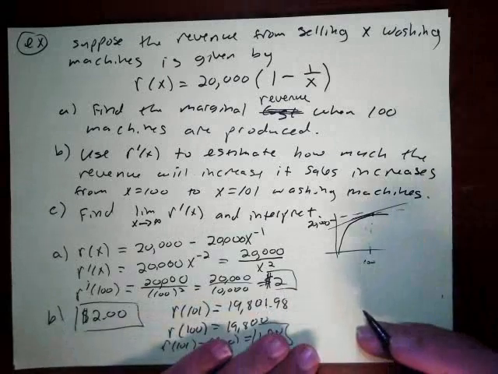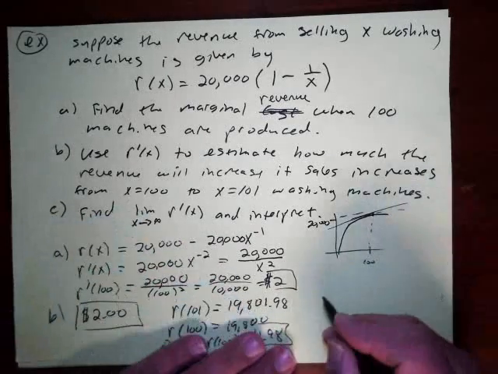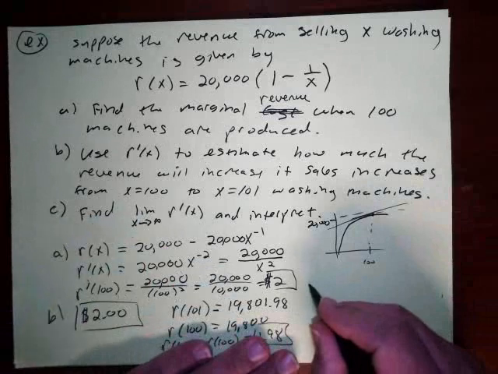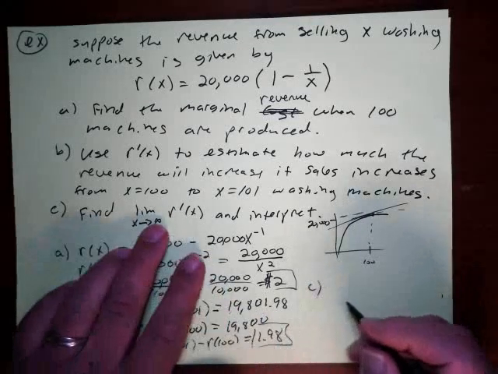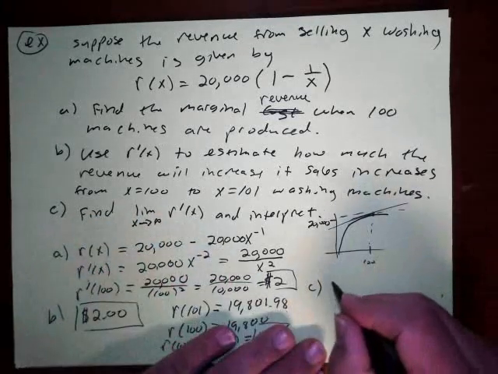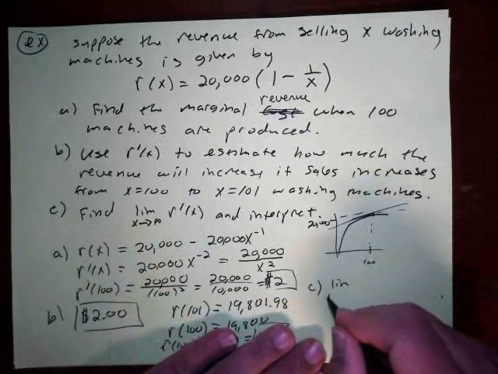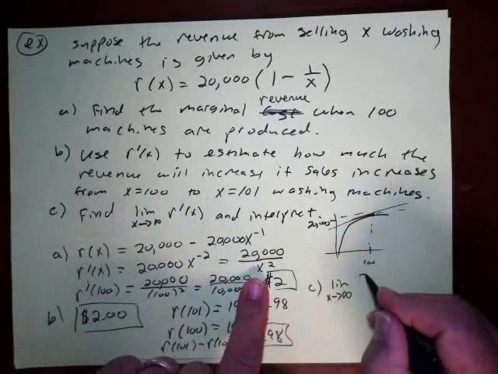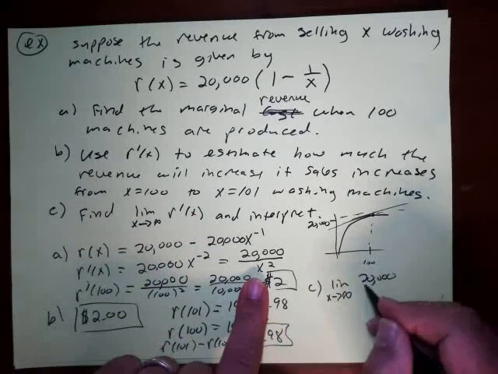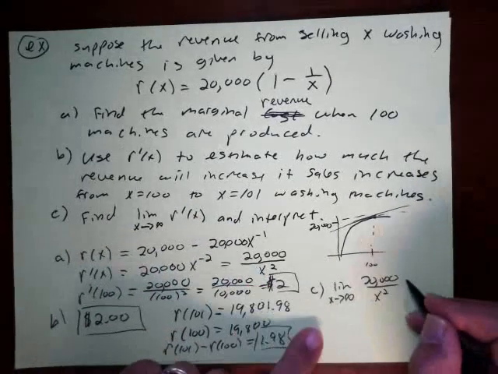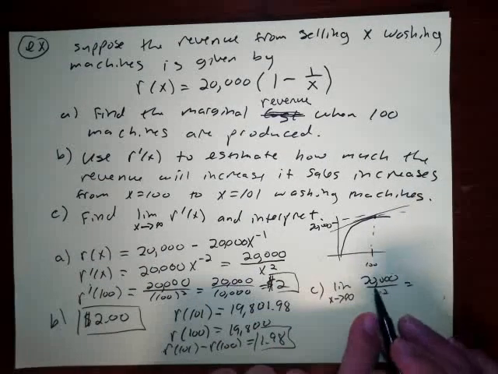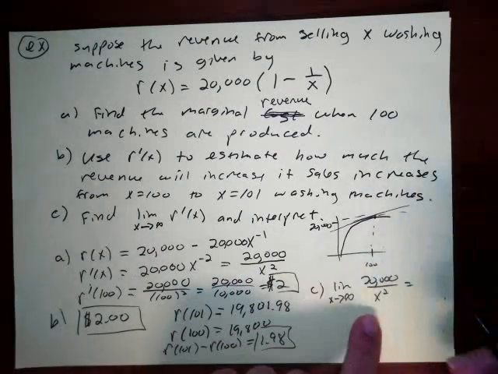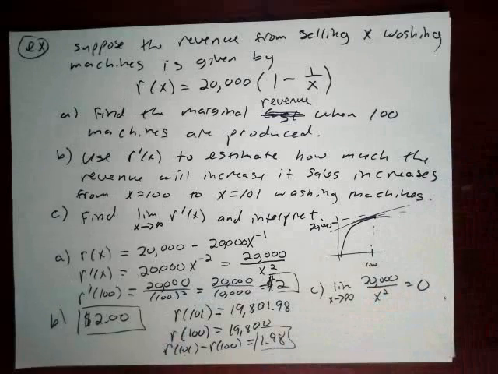Okay. So then the last question here says find the limit of r prime. So what you're really wanting to do, as x goes to infinity, is find the limit of r prime, and that's this here. And if you notice, as x goes to infinity, a constant over something going to infinity just goes to 0.